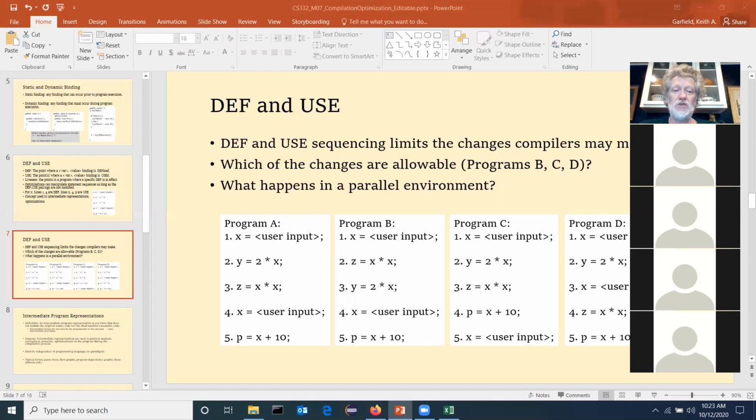In that particular case, why might a compiler choose to move things around? Well, maybe variable Z is already in the register and variable Y is not. And once you get something into the register, you want to do everything you're going to do with it as much as possible before you get it out of the register.